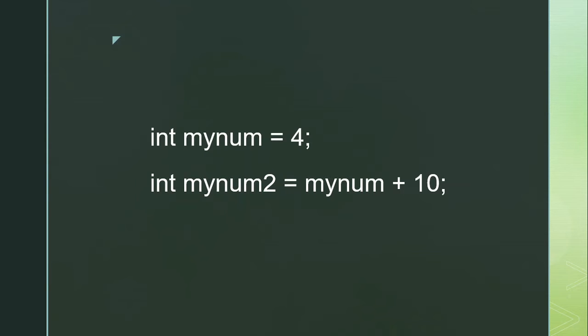We can also add values when we change variable values. The code above adds 10 to the variable mynum and stores the result in mynum2. So over here, first we define mynum, then we take mynum and add a 10 to it and store it inside another variable, which is mynum2.